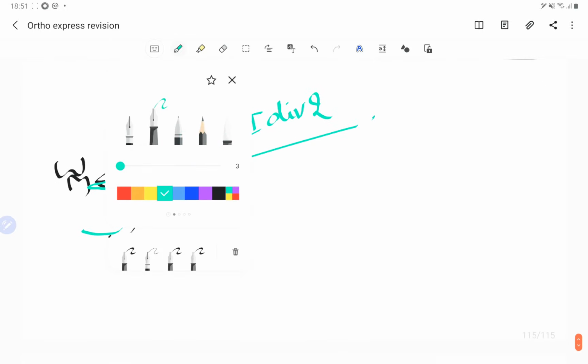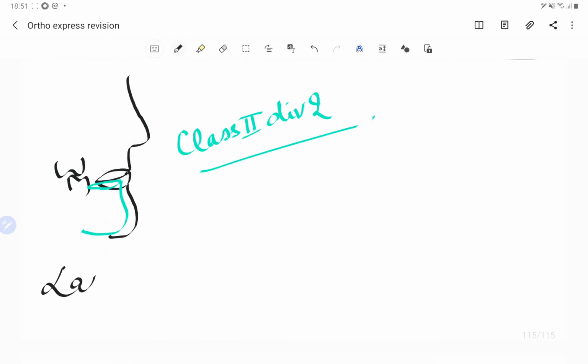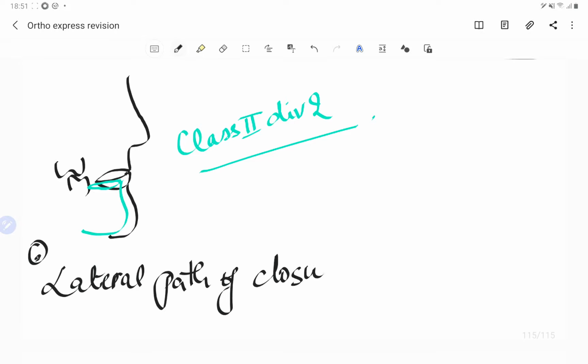Also there is something known as the lateral path of closure. Now that you understand both of these terms, you can analyze what can be there in the lateral path of closure.